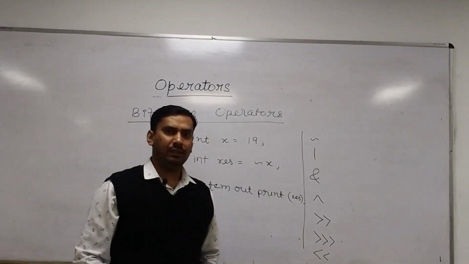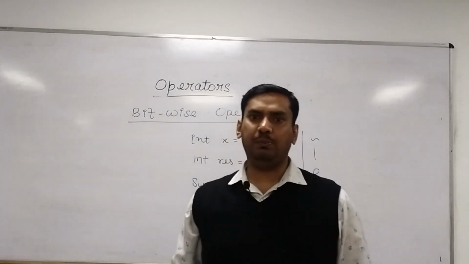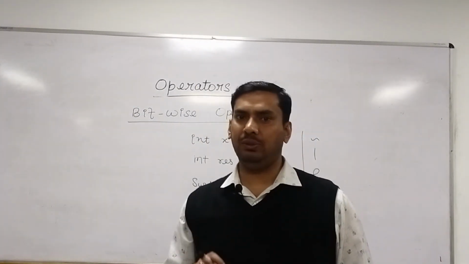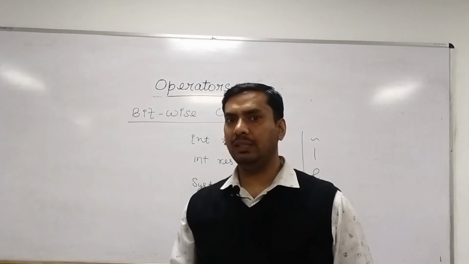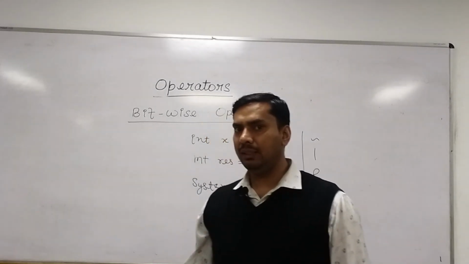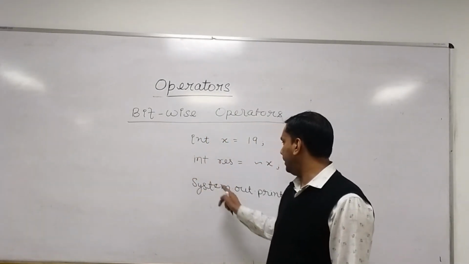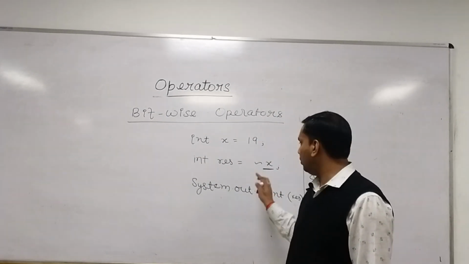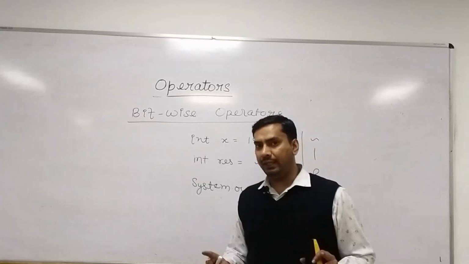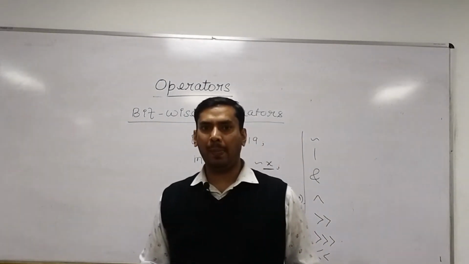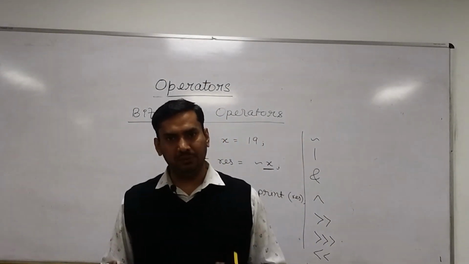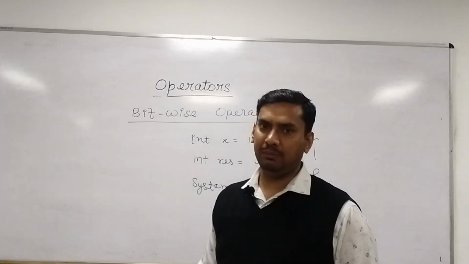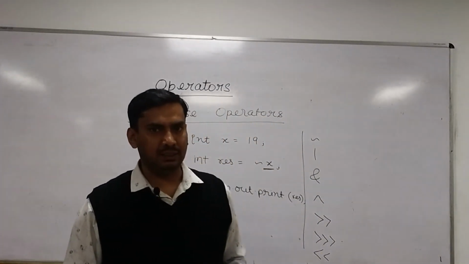In this case, as I told you, bitwise operators work with the bits only. So you have to represent the operand. It is a unary operator, there is a single operand, so you have to represent the operand in binary, right? Even if you are not aware how to represent a number in binary, we will be discussing that.